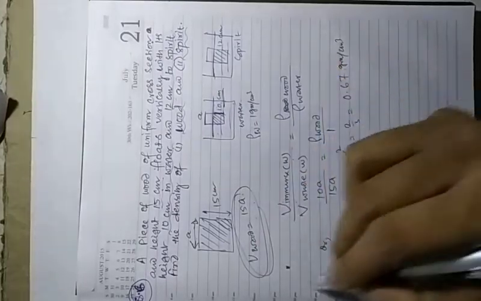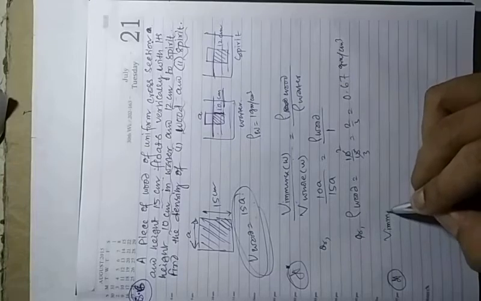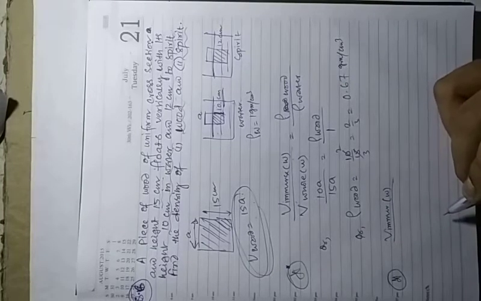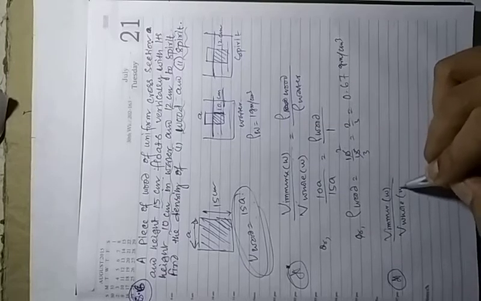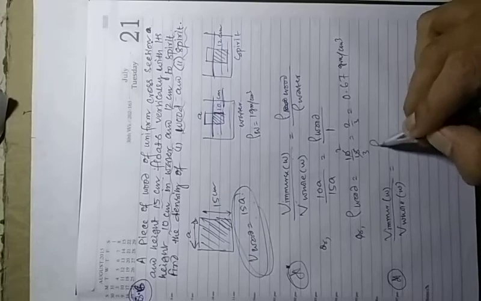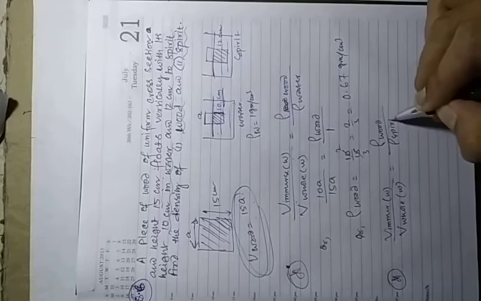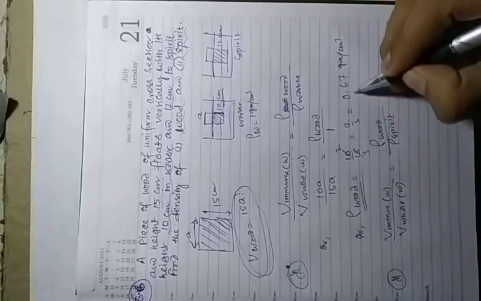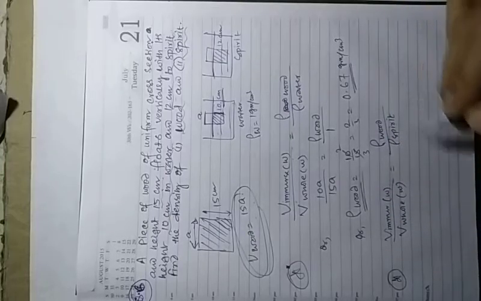Now again the same relation we use: volume immersed in spirit by volume whole of wood is equal to density of wood by density of spirit. As we have the density of wood, we can now easily calculate the density of spirit.